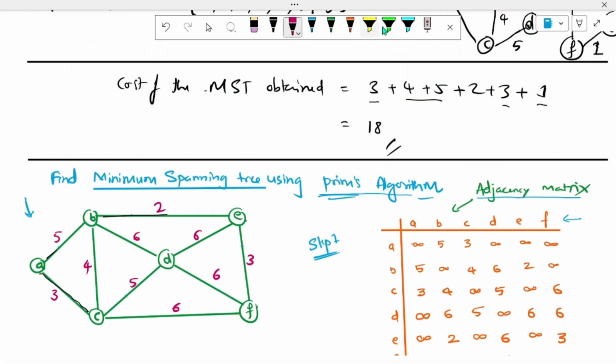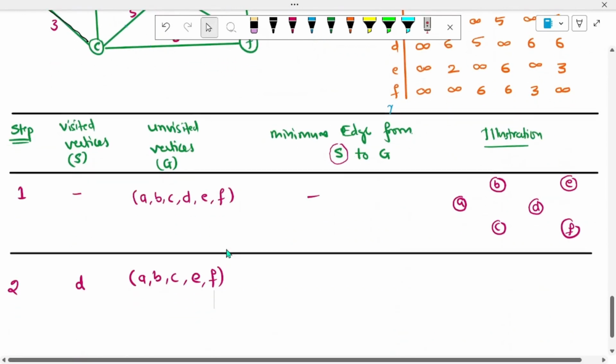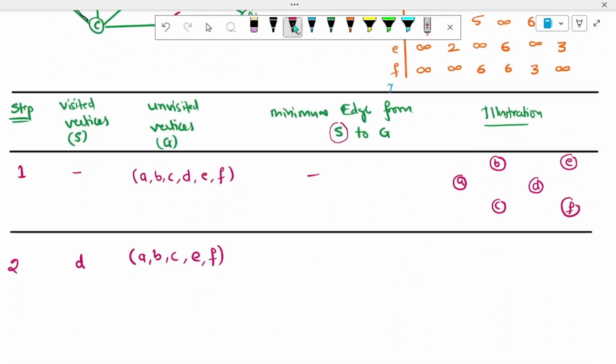It's like I am dropped from an aeroplane in this particular place, and so I visited D, and there are so many other vertices which are unvisited. Okay, that's why I have written it like this. Now minimum edge.